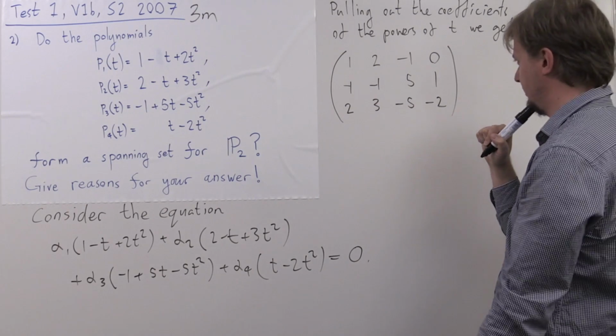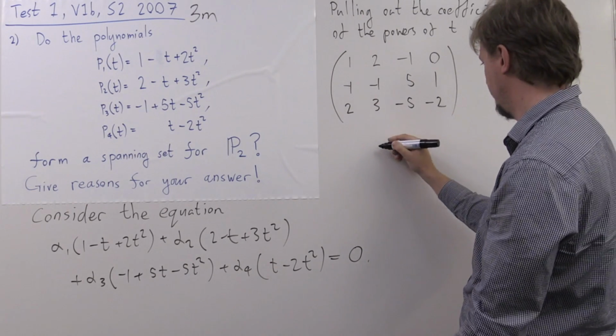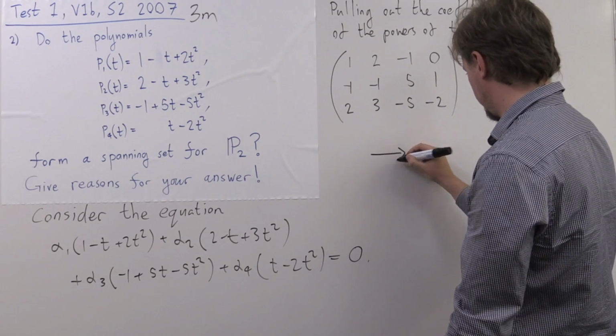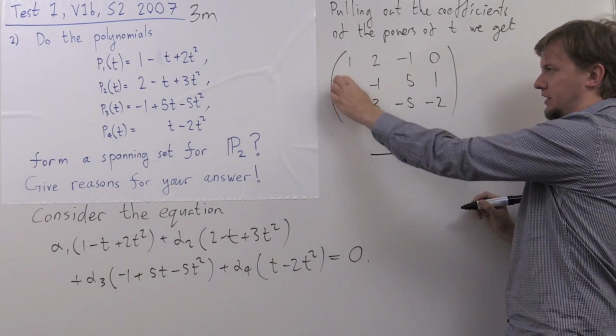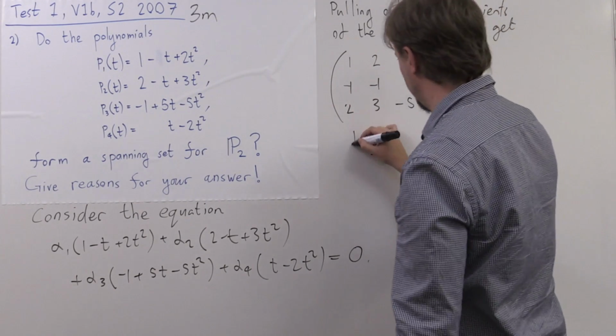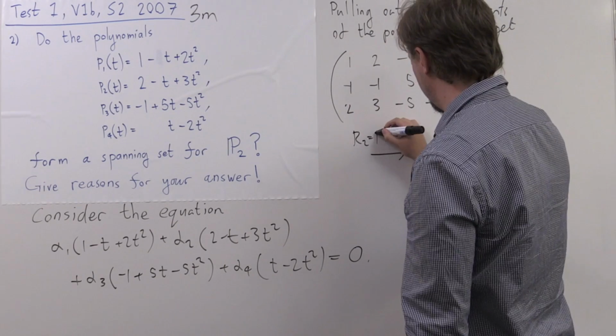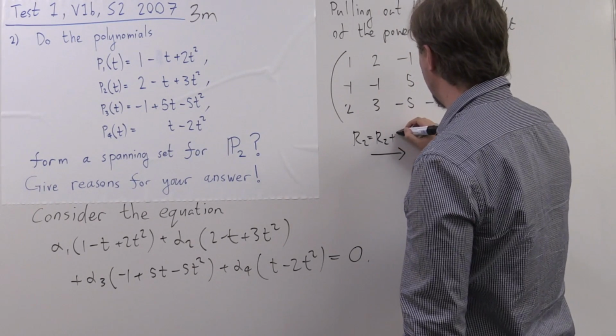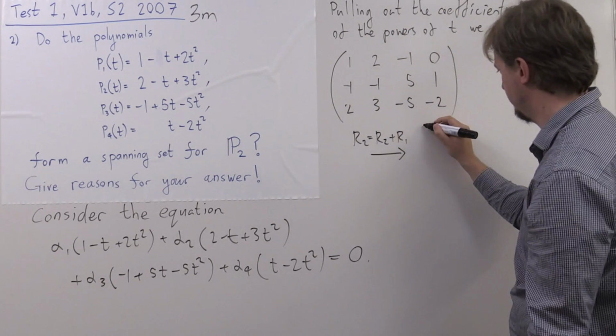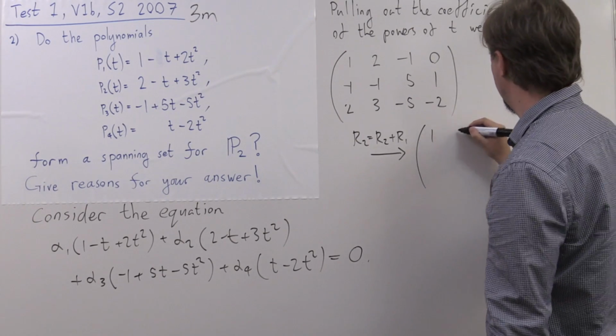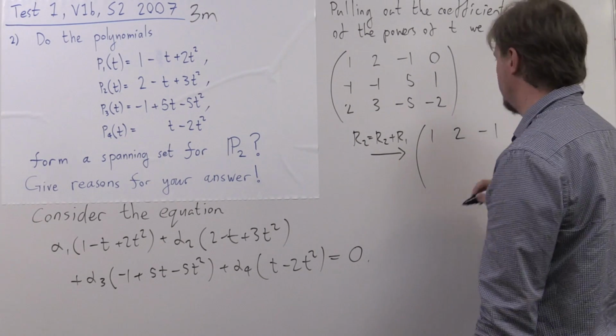So let's just do our row reduction. It shouldn't take too long. A fairly standard step, I want to get rid of this minus 1. So let's take row 2 and make it row 2 plus row 1. The first row hasn't changed.